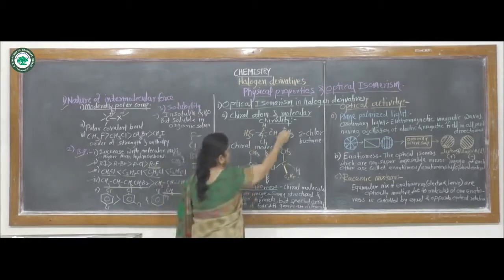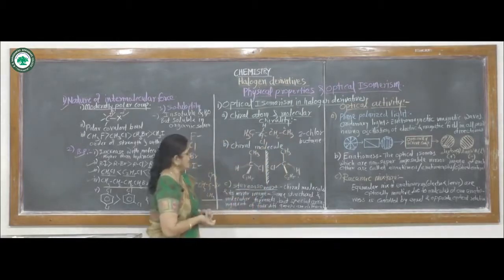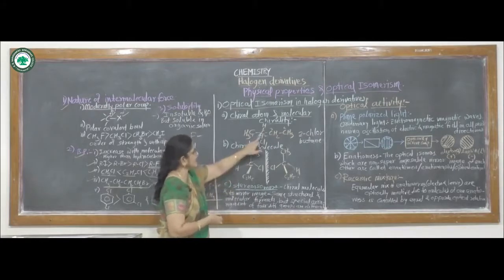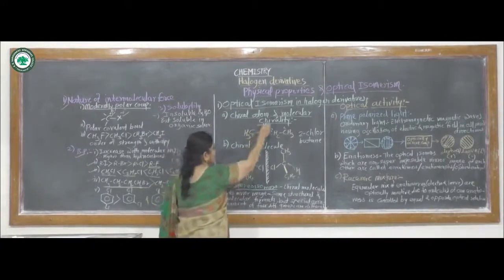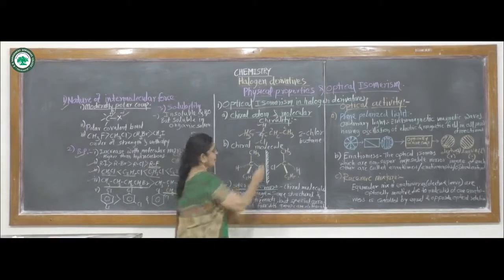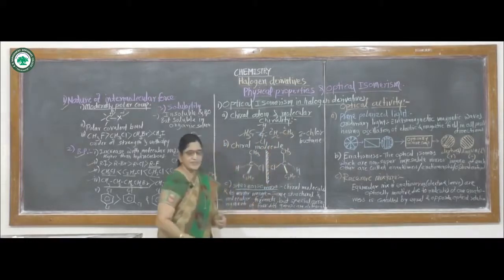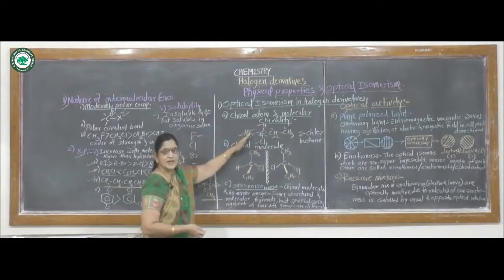On the fourth carbon atom there are 3 hydrogen atoms, the same atoms, and 1 alkyl group is present. In this second carbon atom there are 4 atoms or groups of atoms present. One is hydrogen, second is CH3 group, third is chlorine atom, and fourth is ethyl group. That means all these 4 atoms or groups of atoms are different.